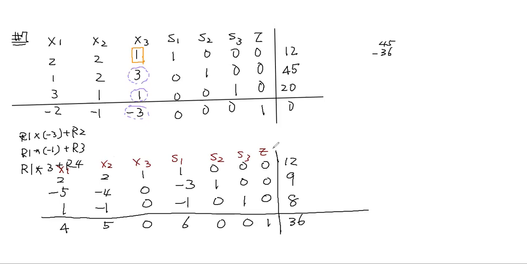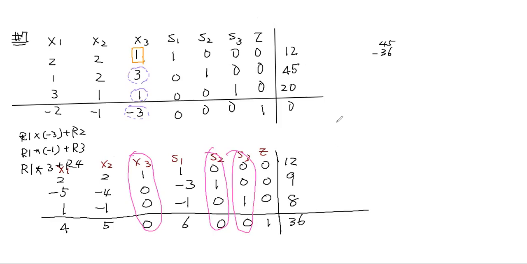Okay, so the basic solution is the one with all the zeros here. Which ones do we have? We have this one and this one.